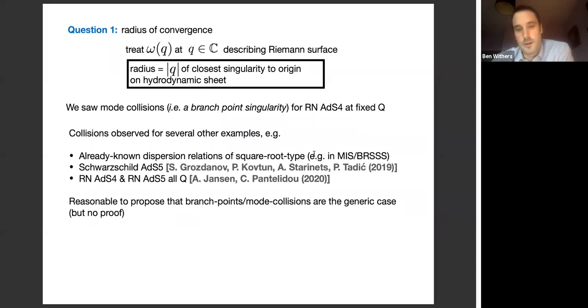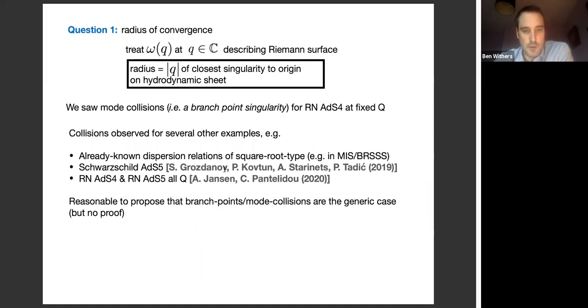So this is kind of obvious now that you look at it. It's a square root singularity and has a finite radius of convergence. In this case, I think the singularity is on the real Q axis. And then there were 2 papers by Grozdanov, Kovtun, Starinets, and Tadić, where they looked at AdS5 in the neutral case, so Schwarzschild.